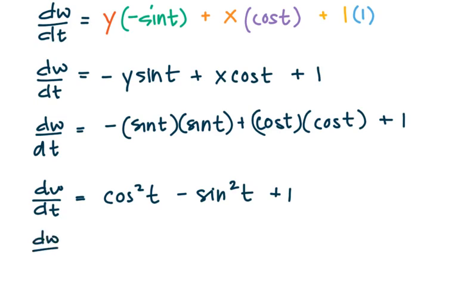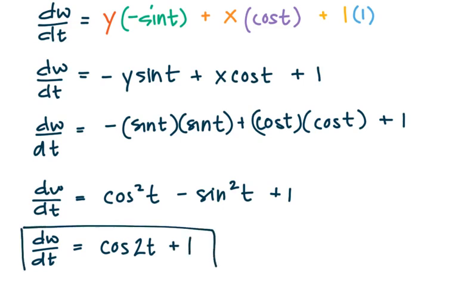Hopefully we recognize that we have a double angle identity here. Cosine squared minus sine squared is cosine 2t plus 1. So there is my derivative.